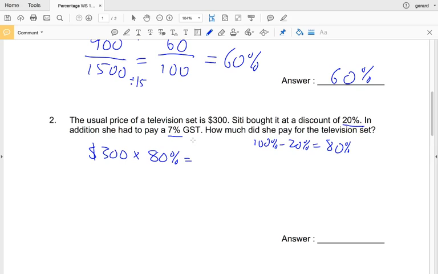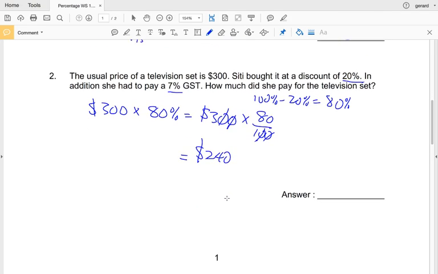Now we have to convert this 80% to something we can use. I'll prefer to use fractions because there are a lot of zeros. So we get 80 over 100. You can cancel this 0, cancel this 0. 3 times 80 is 240. Now this is the price after the discount.